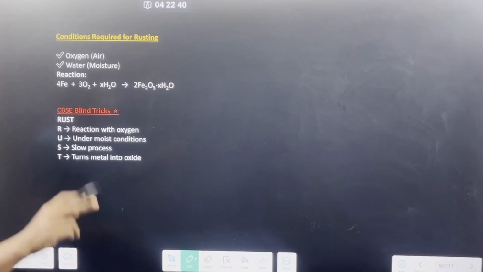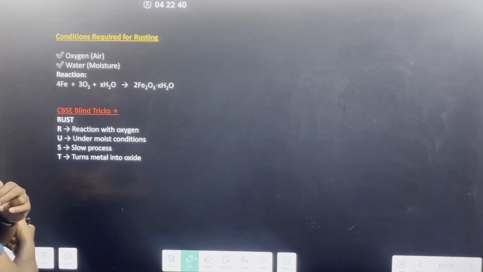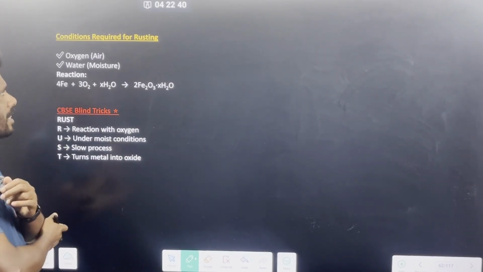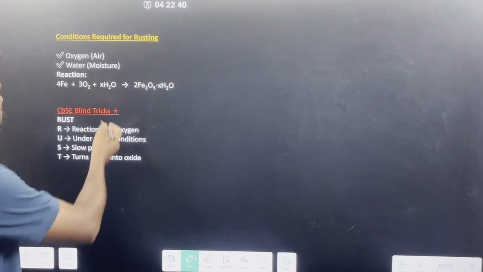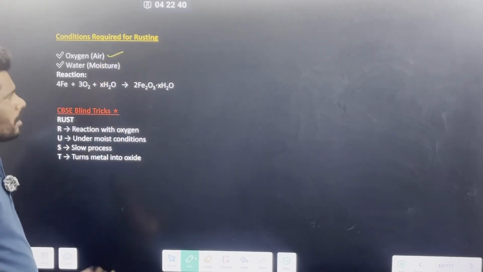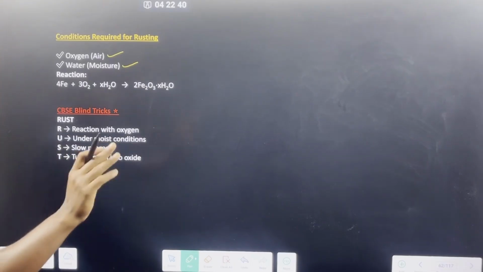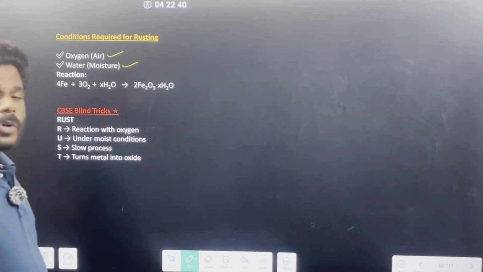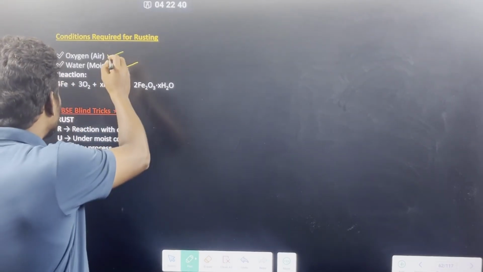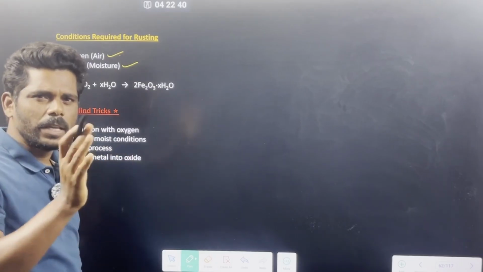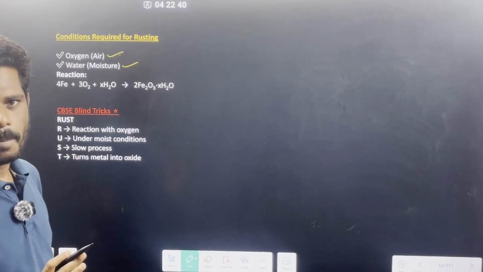Simple. There are two mandatory conditions required for the corrosion or rusting of metals. One is oxygen, another is moisture. These two are a must for corrosion to happen. If either of these two is missing, corrosion never happens.